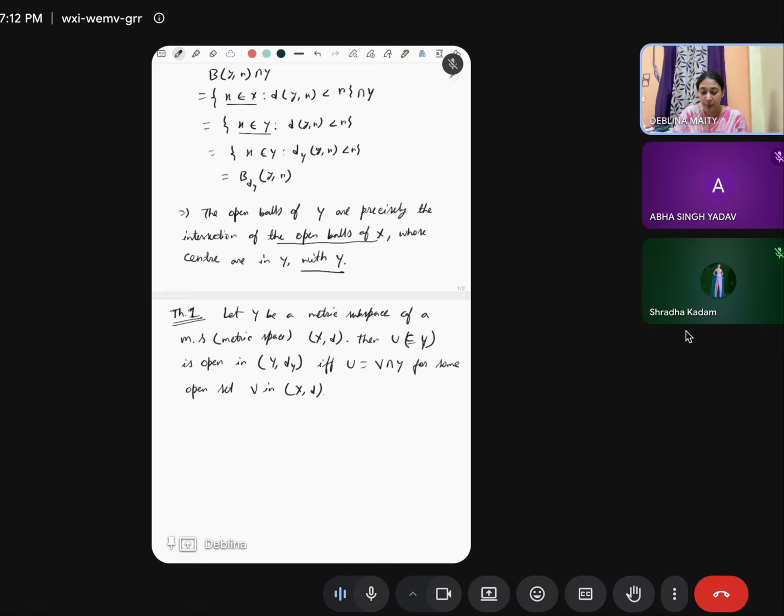So every open set of Y is nothing but the intersection of an open set in X with Y, right?